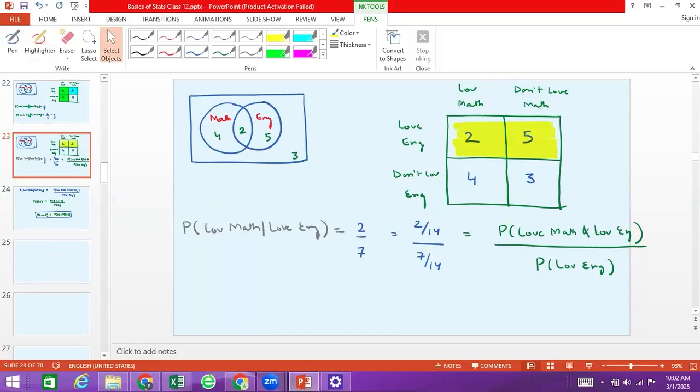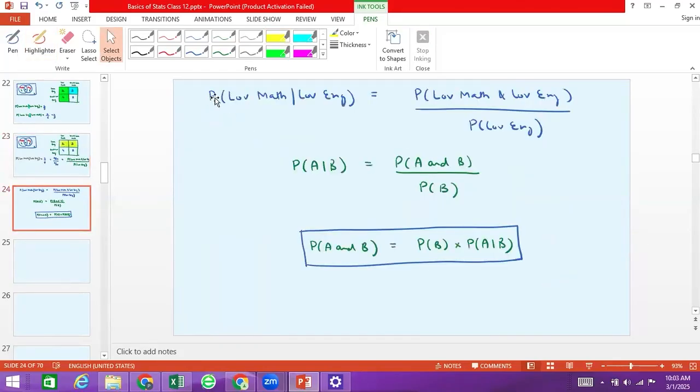Now I wrote the probability of loving math given that you love English is the same as the probability of loving math and loving English divided by the probability of loving English. In a generic format, probability of A given B is equal to probability of A and B divided by probability of B. If you rearrange it, you will get this.